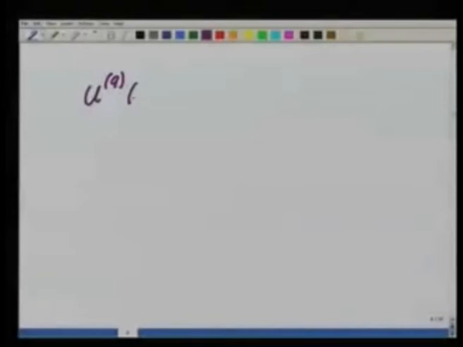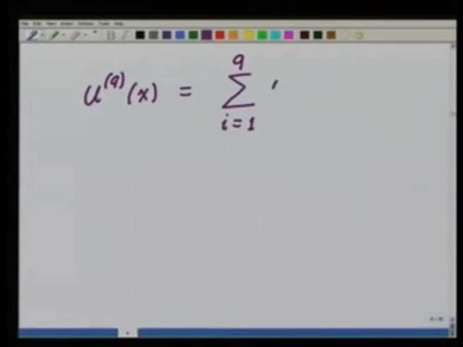Now the question is that, are these functions linearly independent? So once I have defined these functions phi i, then if you remember, we had written u9 of x is equal to sigma i equal to 1 to 9 ui phi i of x.